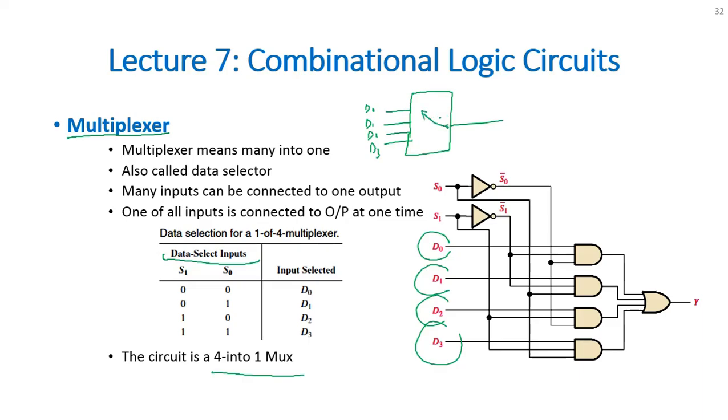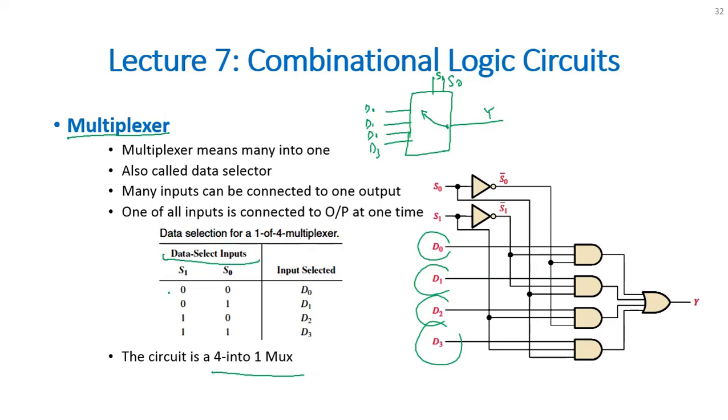So this is the needle and this is the output Y. So how to connect D0 with Y? We need some data selection bits which are given as S0 and S1. Based on the different values of S0 and S1, we can connect D0, D1, D2 and D3.